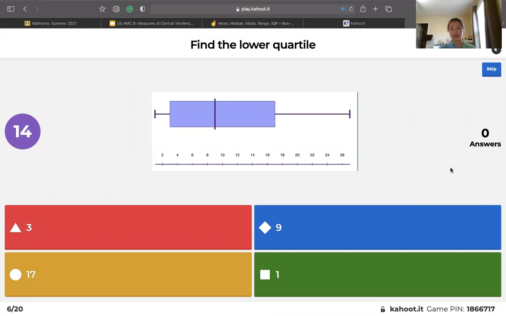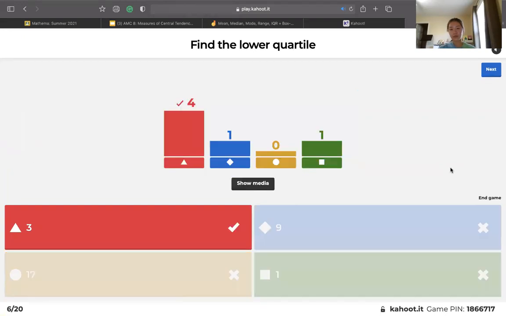If you can't see those numbers, they just go up by intervals of 2, starting from 2.